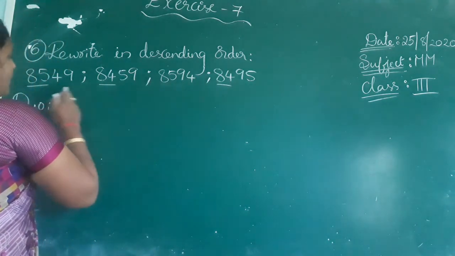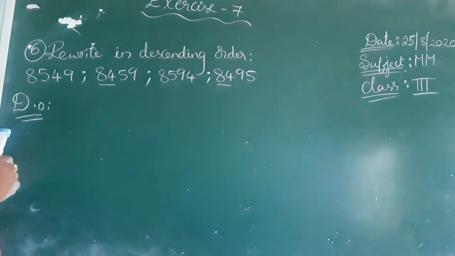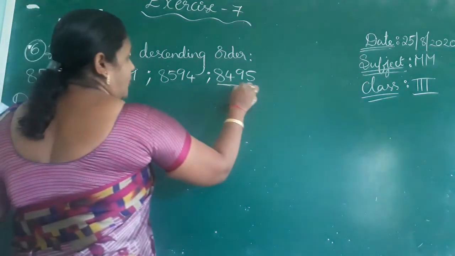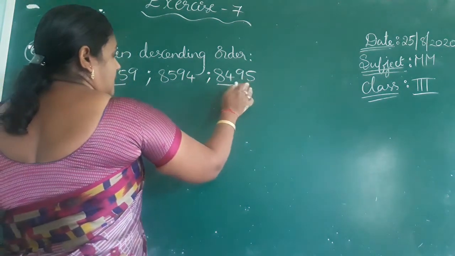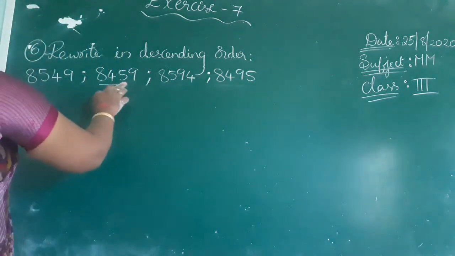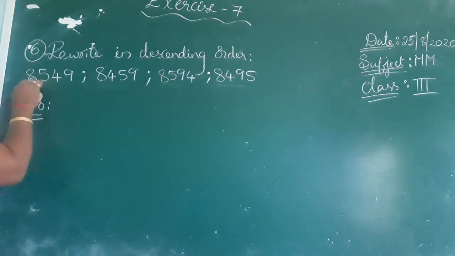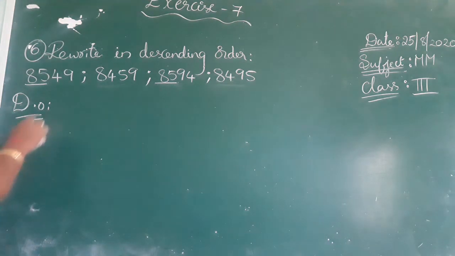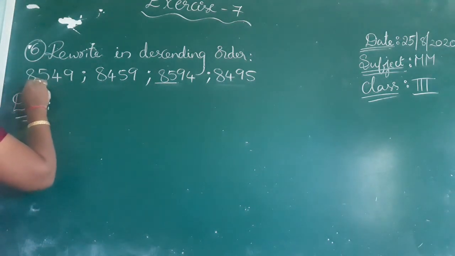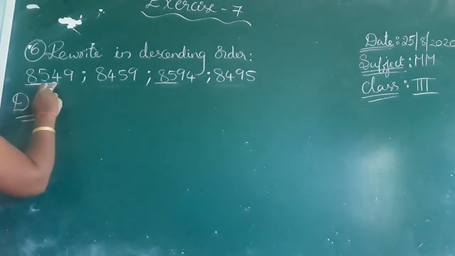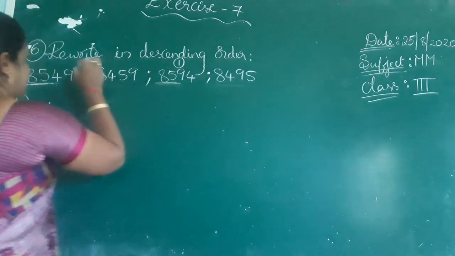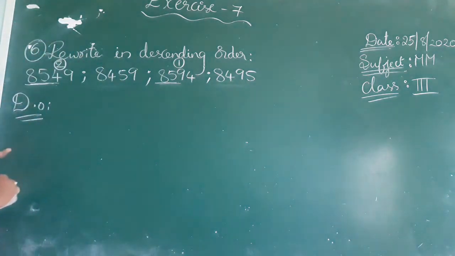So first think about 8400s. Now we are writing descending order, so first we should choose which starts with 8500s. 8549, 8594, 8594 is bigger one. Next 8549. Next, go through the next two digits which start with 8400.